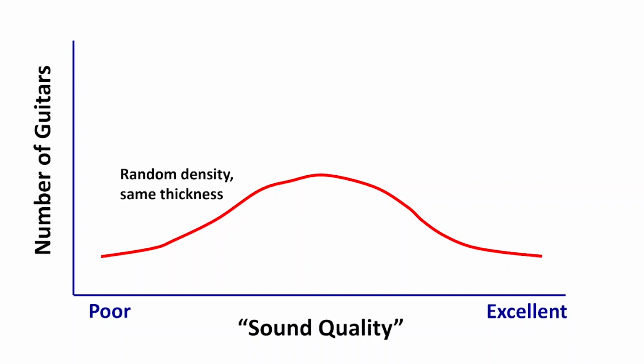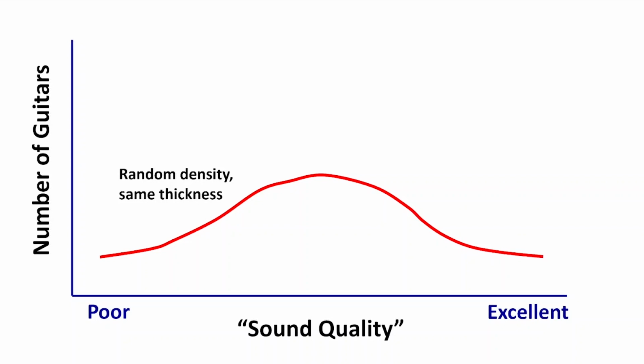All right. So now imagine if instead of random density, we could measure the density like we talked about, and then we made the soundboards at the same thickness, though. We would control the density, and now the resonances would probably be a little more uniform and predictable.